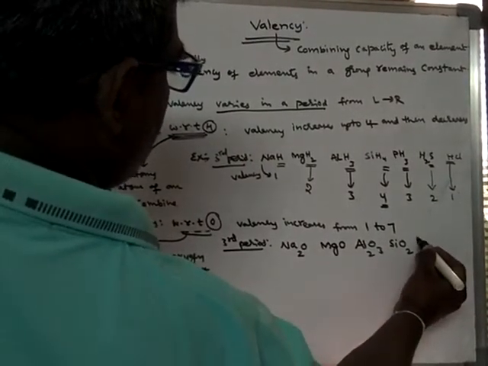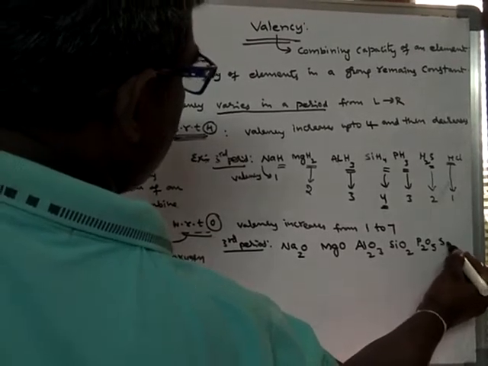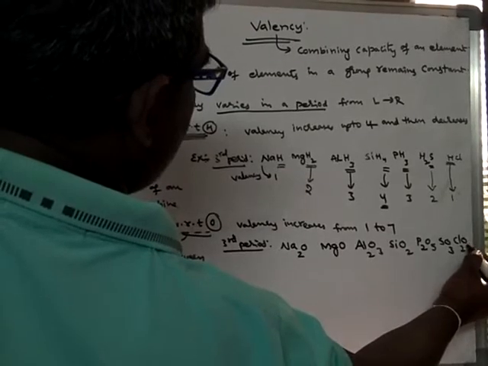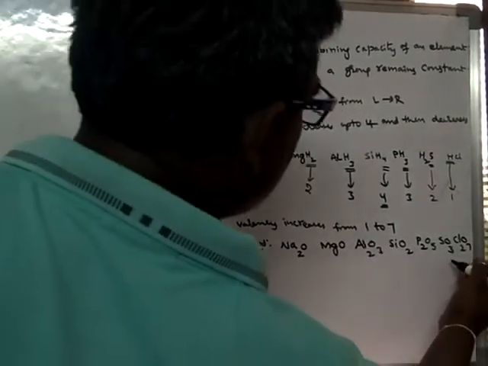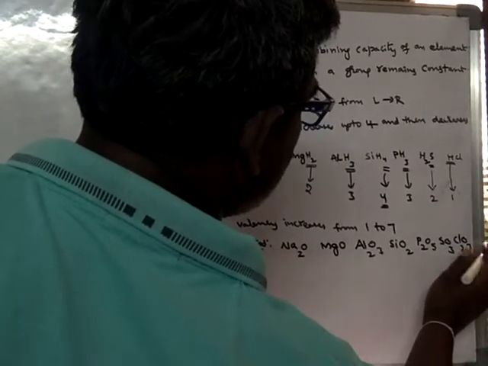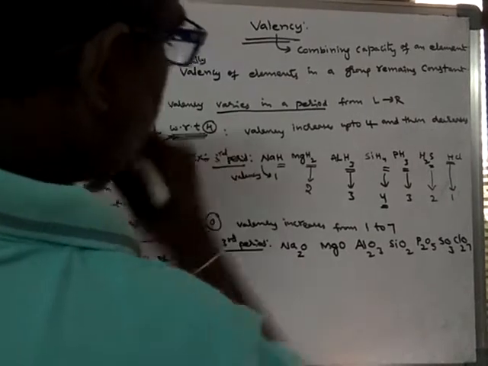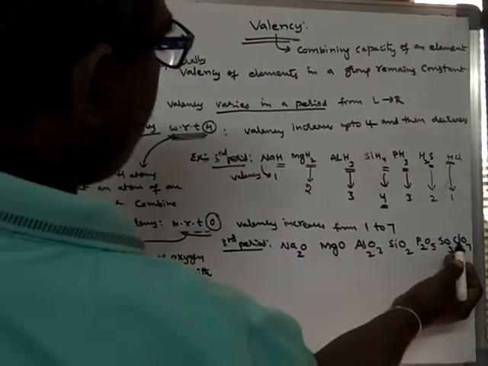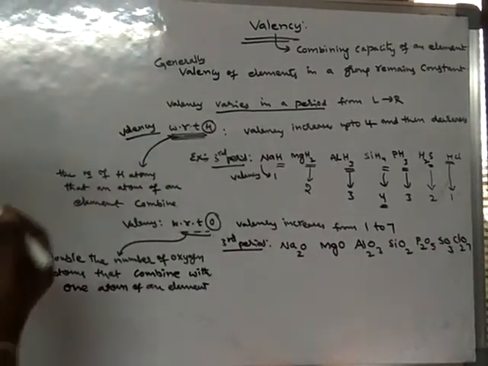Next, phosphorus pentoxide, sulfur trioxide, and Cl2O7, the oxide of chlorine. So here chlorine will form an oxide with the formula Cl2O7.